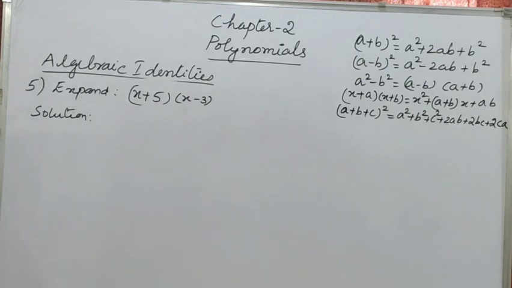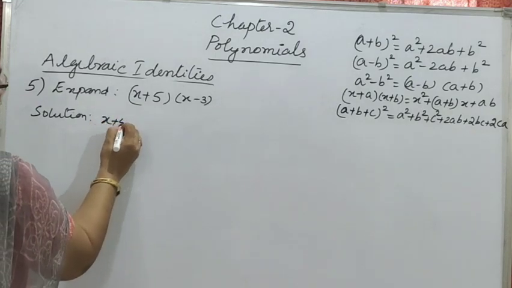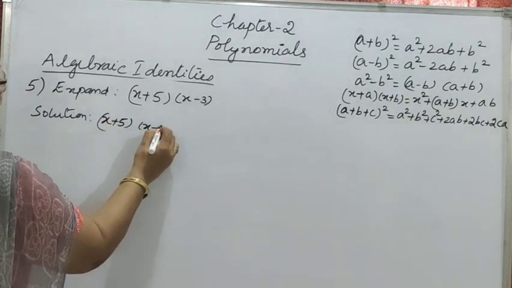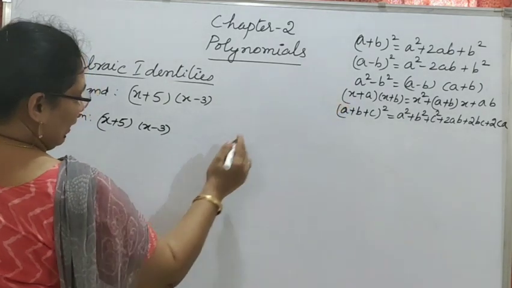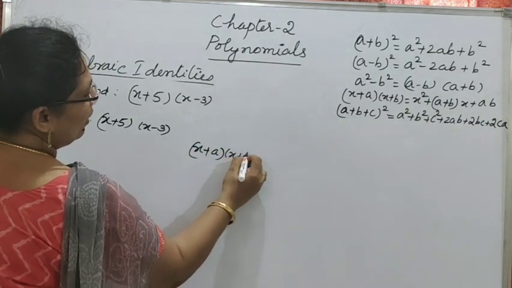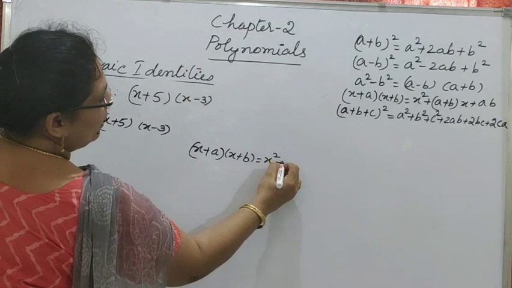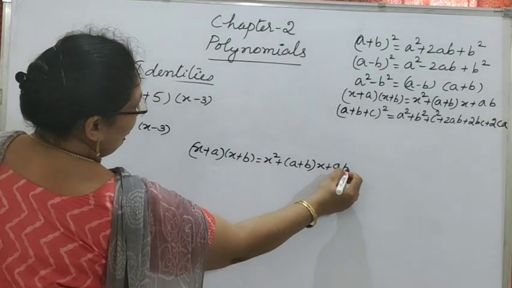Next question: expand (x plus 5) into (x minus 3). So we have to take down the solution, means once again the question, (x plus 5) into (x minus 3). Okay. Now the next step is to identify the identity. So the fourth identity, that is (x plus a) into (x plus b) equals x square plus (a plus b) into x plus ab.